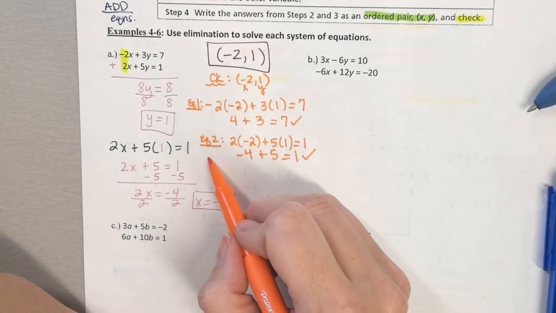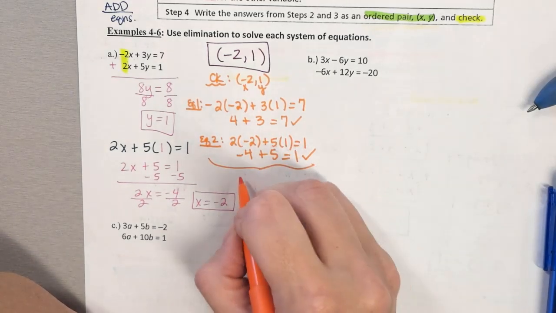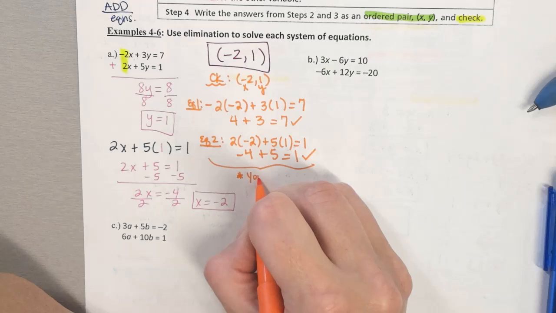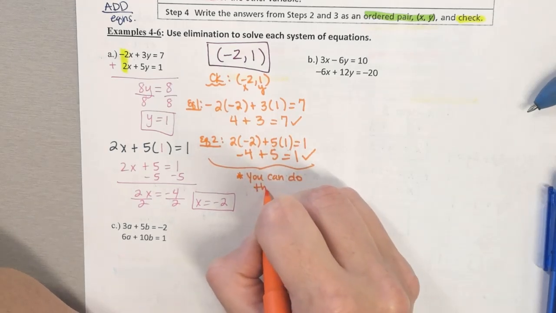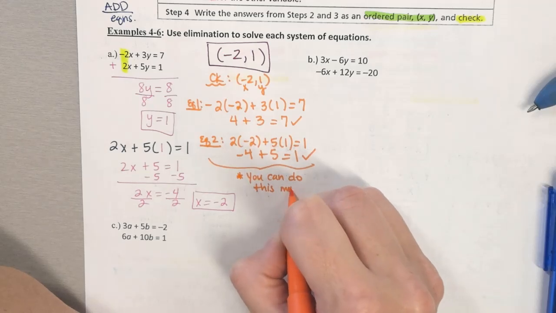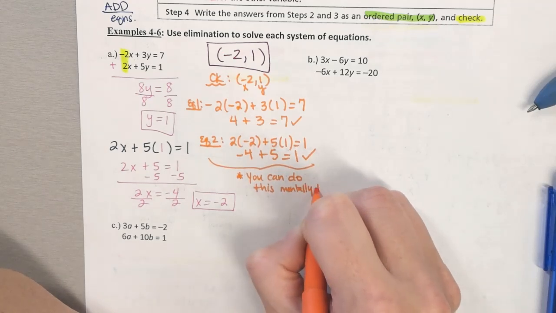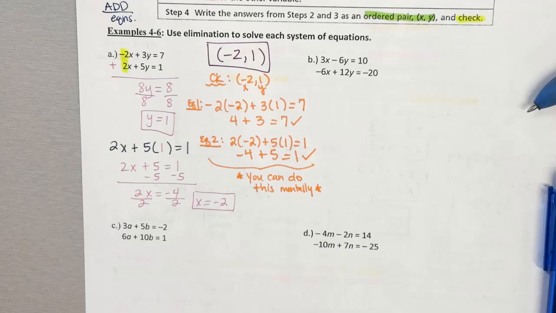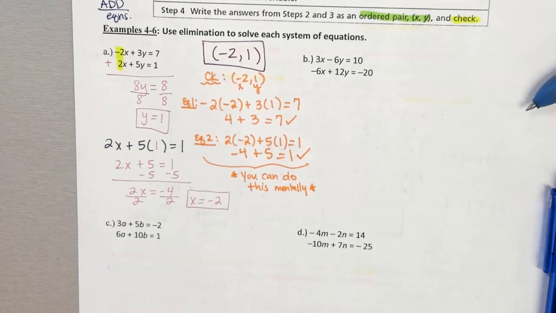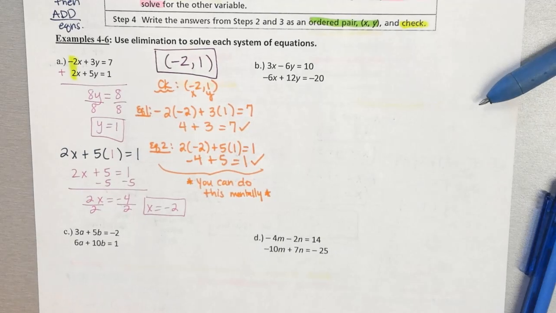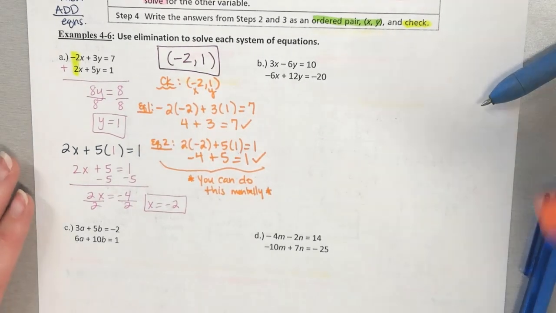Yes, it is. I said you can do this using mental math. You do not have to write that out. I just want you to understand that you can plug it back in and check. So if you're doing a test or a quiz, you know if you got it right or not.